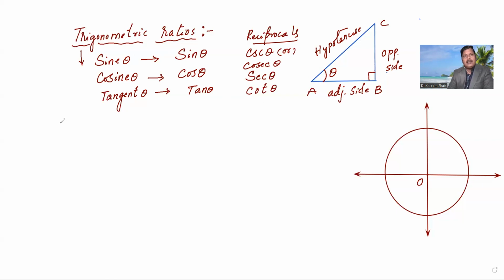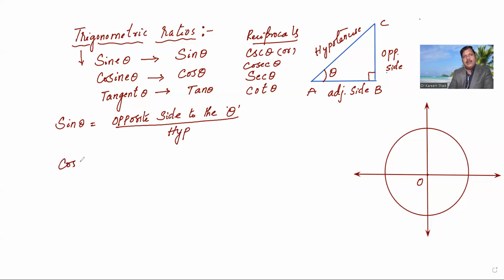Then what is the definition or the formula of sine theta? Sine theta equals the opposite side to the theta, where theta is the given angle, upon hypotenuse.